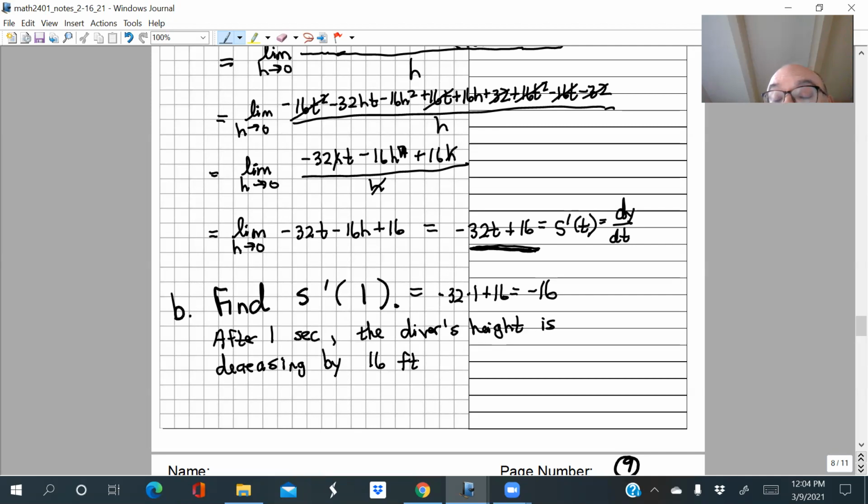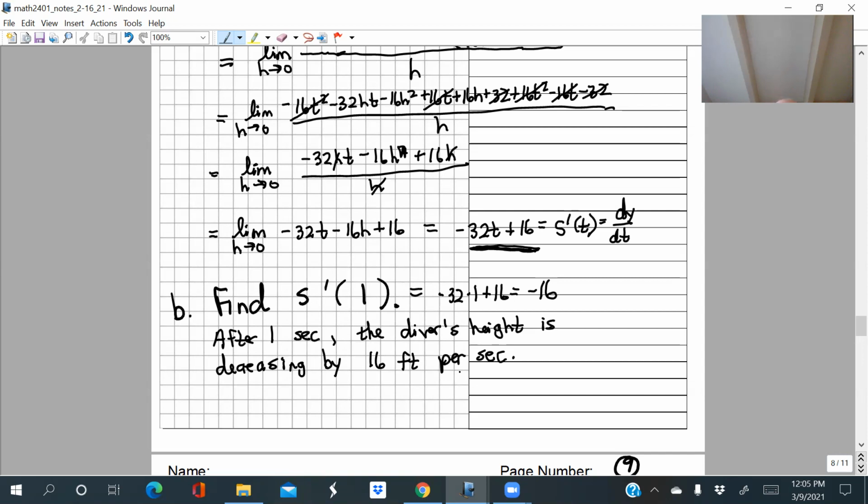But this is a rate, so it's 16 feet per something. Per second, right. So that's what the minus 16 is telling us. After 1 second, that's how fast the diver is falling. The diver's height is decreasing by 16 feet per second.